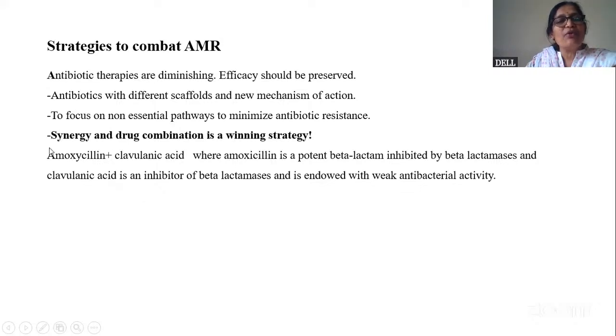All of you know that amoxicillin is a beta-lactam antibiotic, whereas clavulanic acid is from Streptomyces species, and this blocks the beta lactamases. So when we give it in combination, clavulanic acid will block the beta lactamases so that amoxicillin can act on the bacteria. This is one wonderful strategy which we could be adopting for future clinical application.